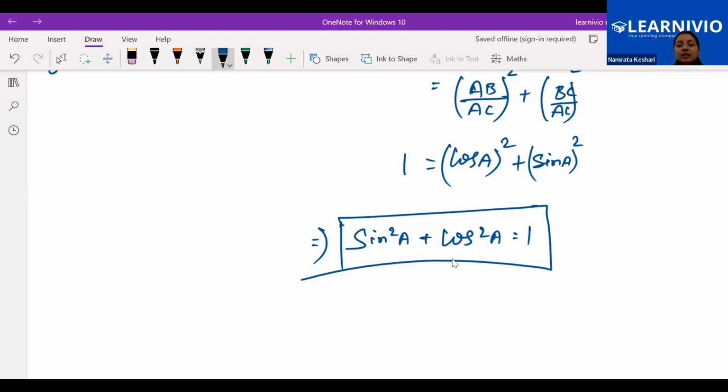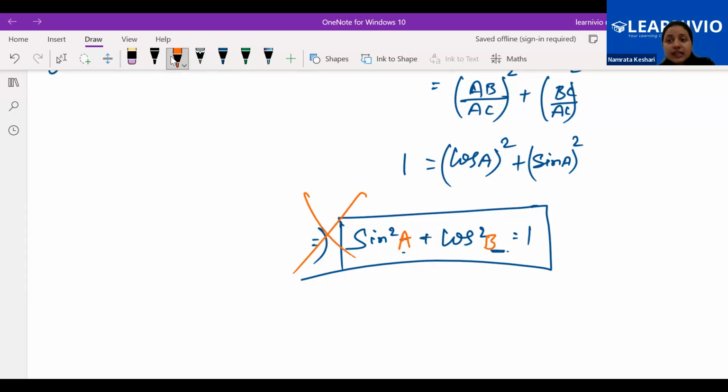Whenever sin square theta, like that, if the angle is same, A, okay, instead of A it can be theta, instead of theta it can be B. If the angle is same and sin square cos square is there, then the result will be 1. Of course, addition has to be there. Be careful. We cannot say that sin square A plus cos square B is 1.